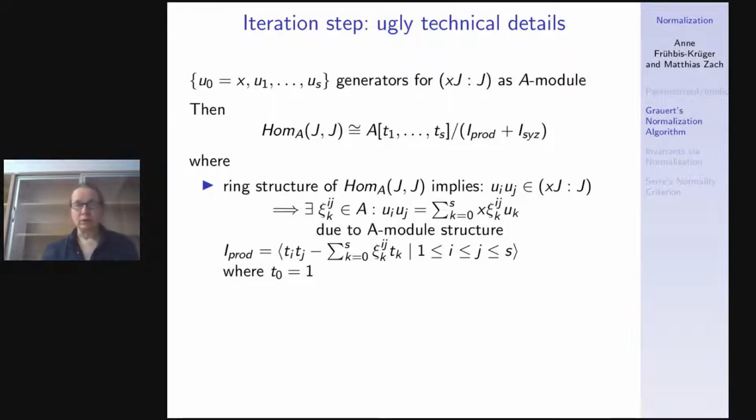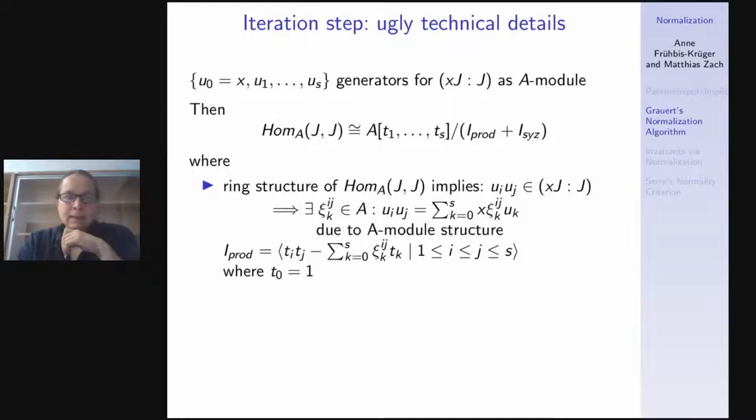It carries a ring structure. So we can actually multiply some Ui by some Uj. And this has to be in the A module again. So it has to be possible to express it as a linear combination in here.